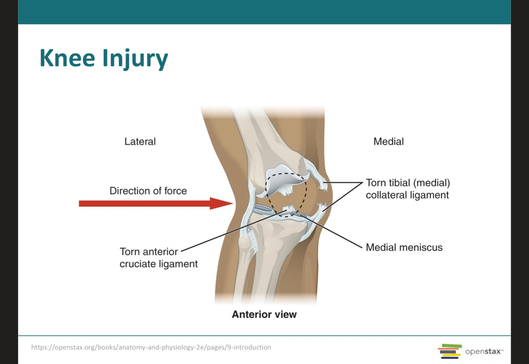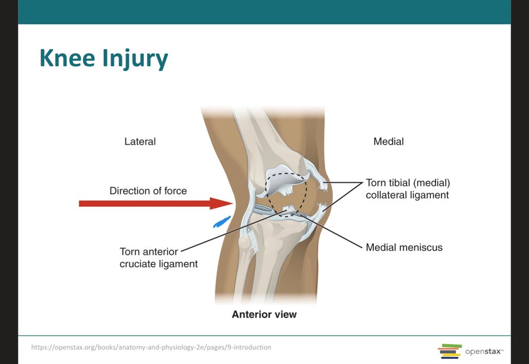With regards to injury of the knee, the most common one is what will cause at the end an injury to the anterior cruciate ligament. Therefore, if you have a strong blow on the lateral side of the knee when it's extended, as we can see here on this image, it will actually cause 3 different injuries, and it will occur in this sequence.